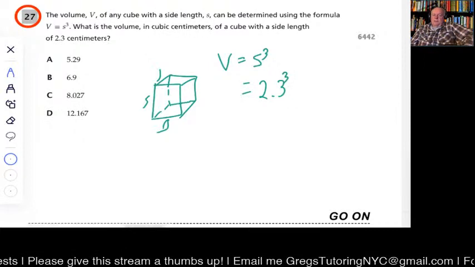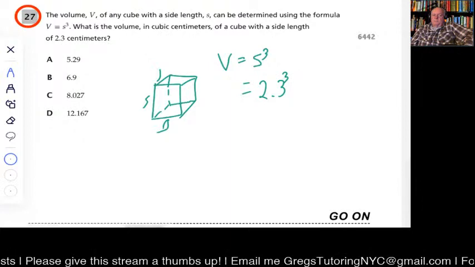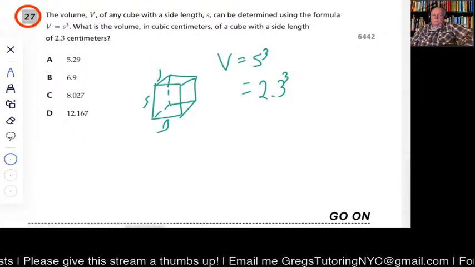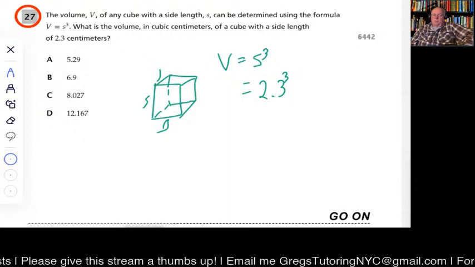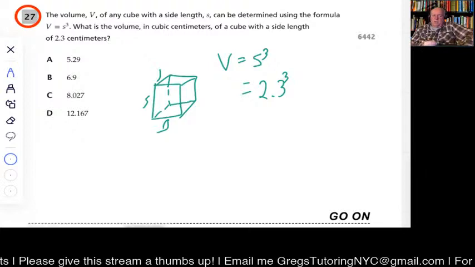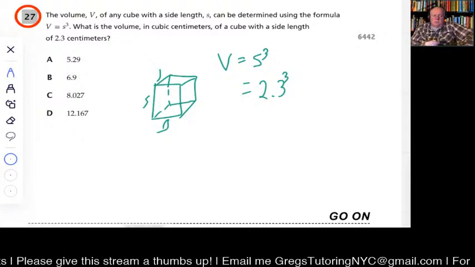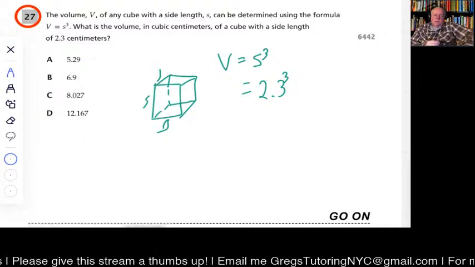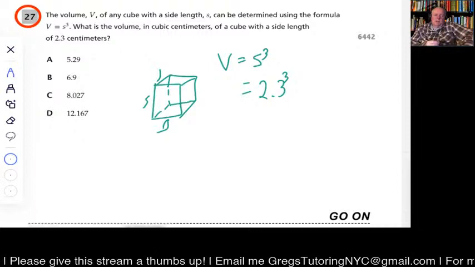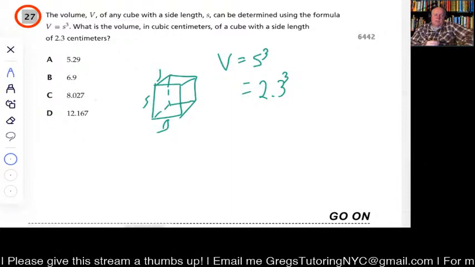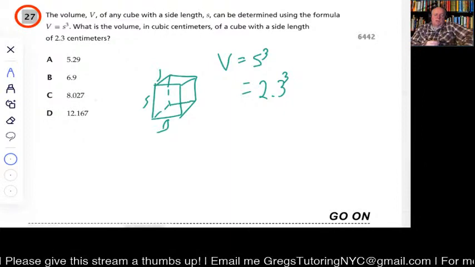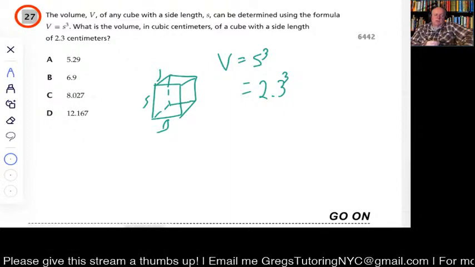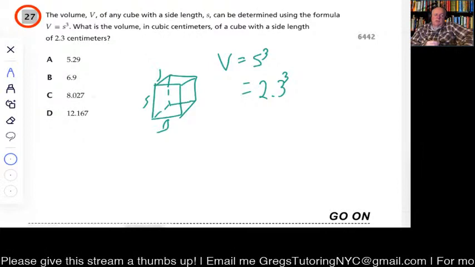All right? So what could the answer be there? And by the way, to be clear, choice A is 5.29. Choice B is 6.9. Choice C is not 8,027. It's 8.027 or 8 and 27 thousandths.